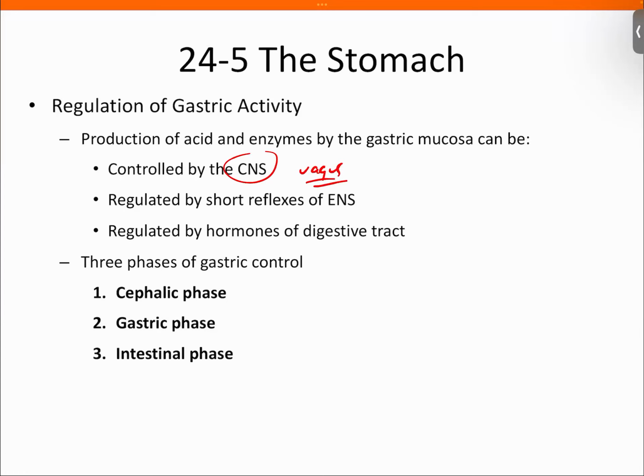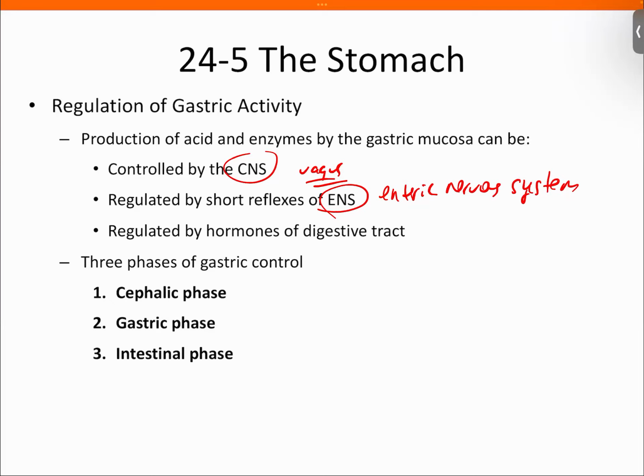But what happens is the vagus nerve turns over autonomous control to what's called the enteric nervous system. You may have remembered this from A&P 1, but the enteric nervous system is kind of like a wholly owned subsidiary of the autonomic parasympathetic system.